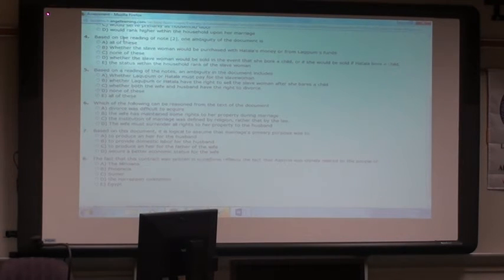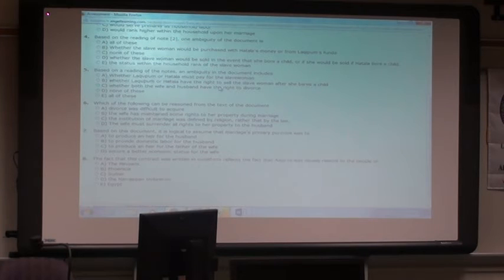All right. Let's see, what number was that? The 34. Based on the reading of note 2, what is the ambiguity of the document? Basically, this is reading comprehension. You go read note 2, and it's going to tell you the answer. All right, number 5, based on a reading of the notes. When you see phrases like based on the reading, or based on this document, that tells you more than likely it's one of those questions where the answer's right there in front of you.